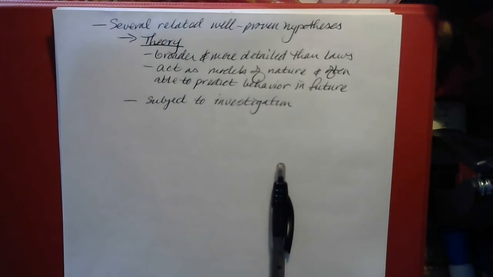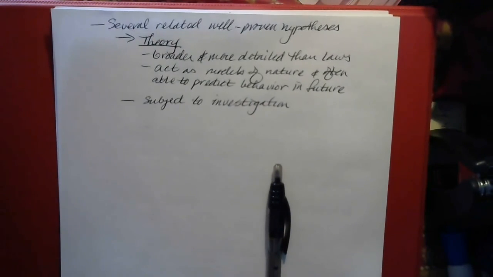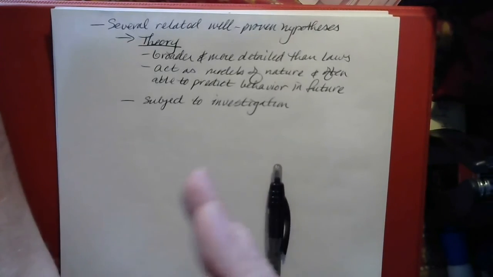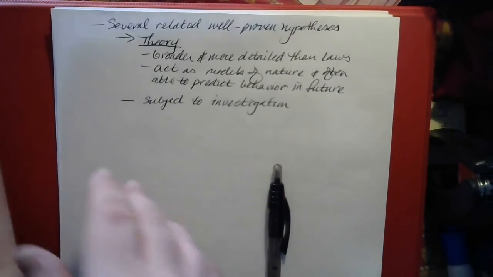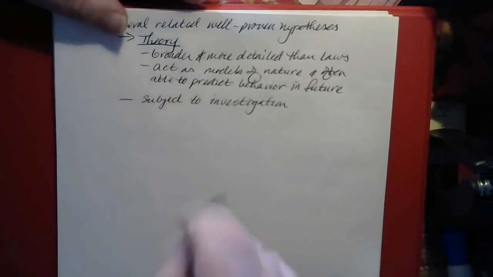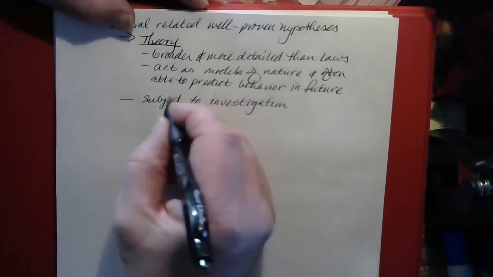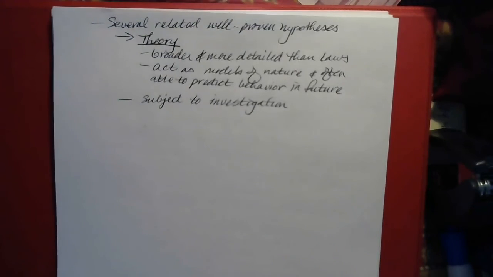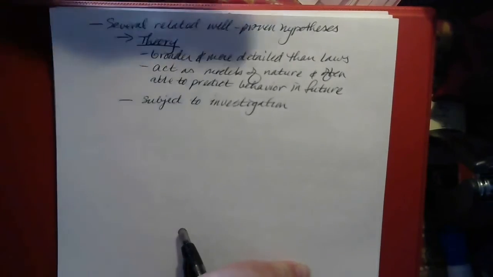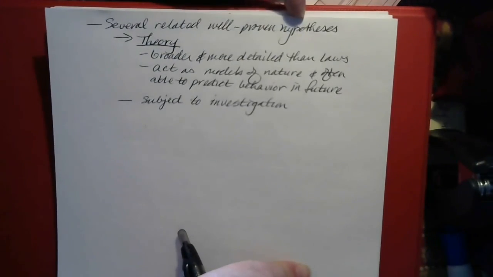Another point is that in science, a theory is a very high level of proof, let's say, or a very high level of verisimilitude, very high level of reality. If you say to somebody, "Oh, that's just a theory," well, in everyday life, most people define theory as what we in science call a hypothesis.